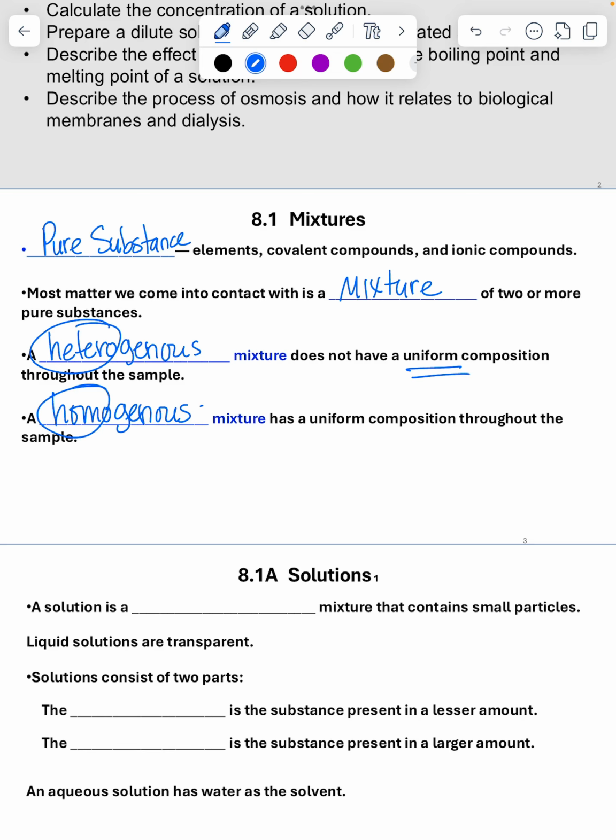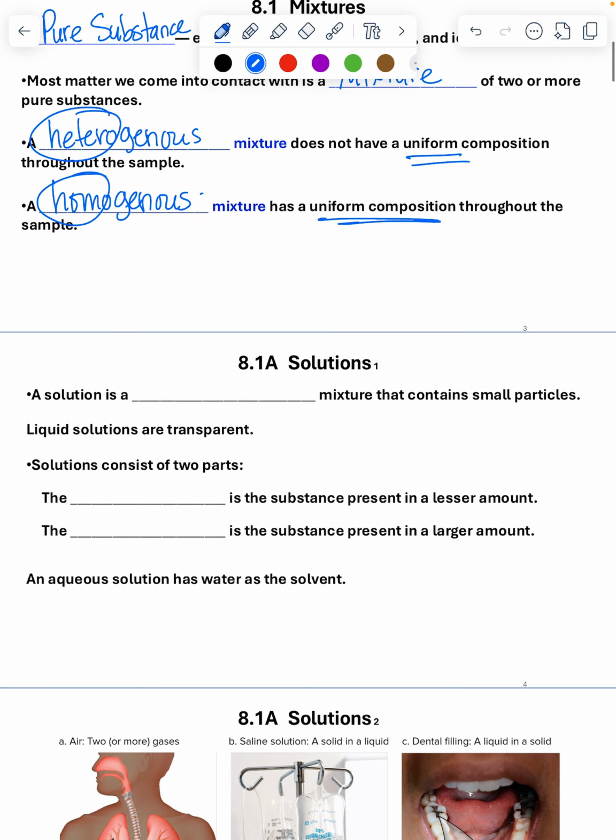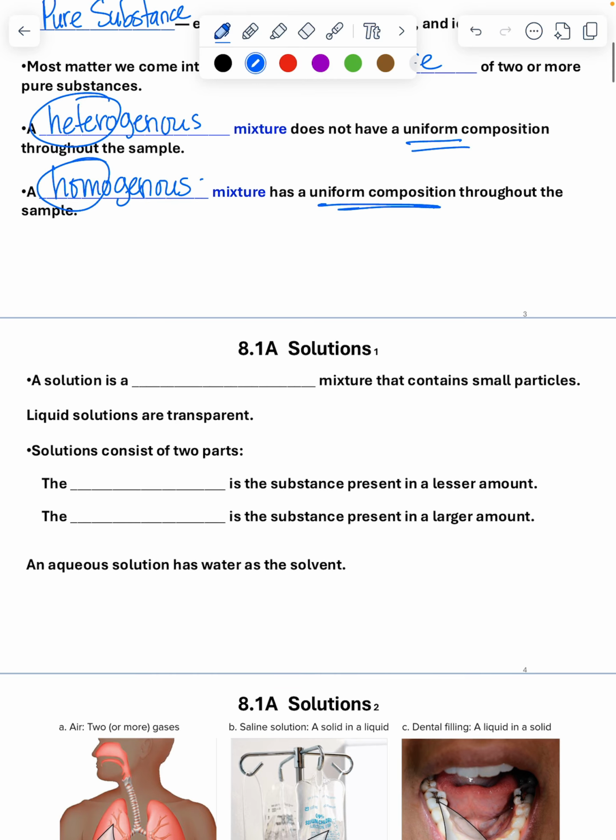Hetero means different, homo means same. When we're talking about mixtures, we're talking about the composition itself. Heterogeneous does not have a uniform composition, meaning it's not the same throughout, whereas a homogeneous mixture does have a uniform composition. Maybe those prefixes will help you with the meaning of those words.